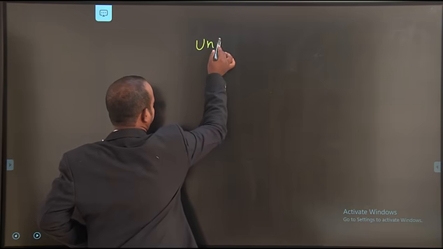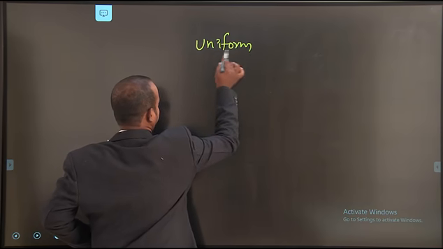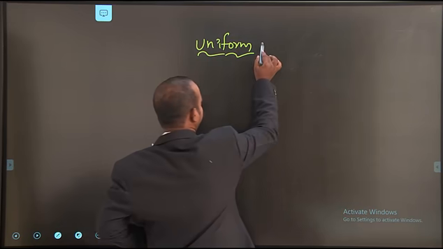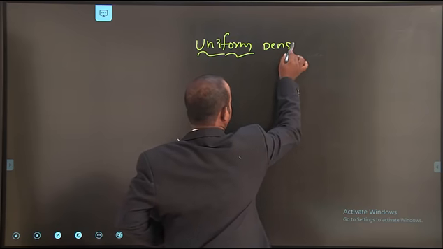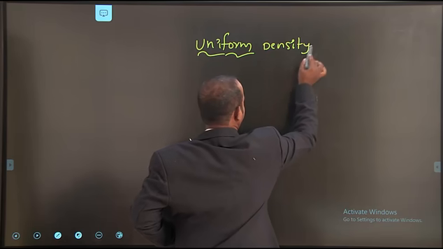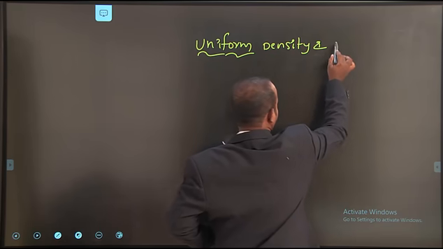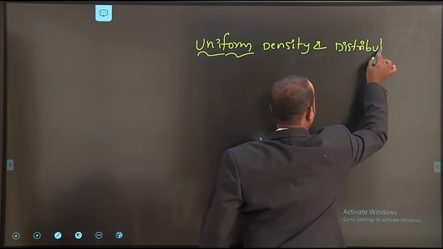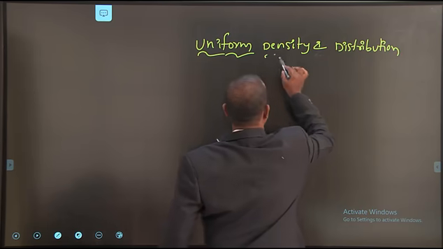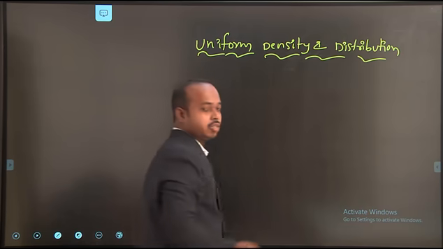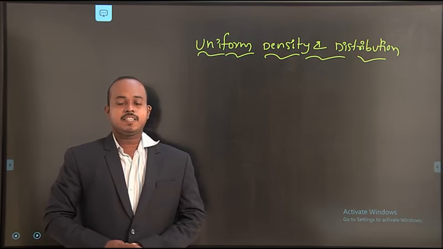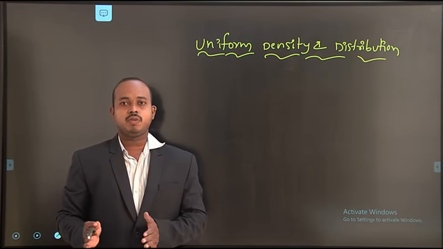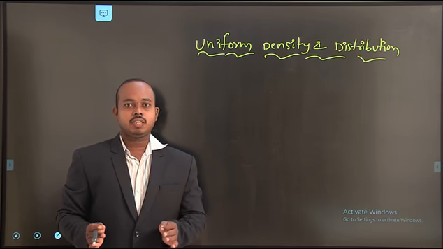What is a uniform? Uniform density and distribution. Here it is indicating that it's uniform. Uniform means you can take a certain area.